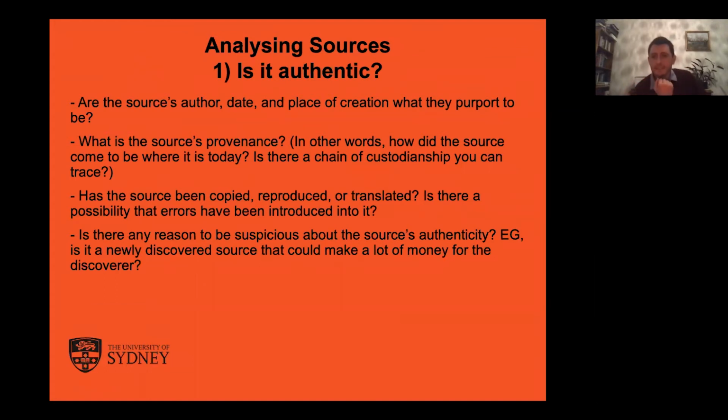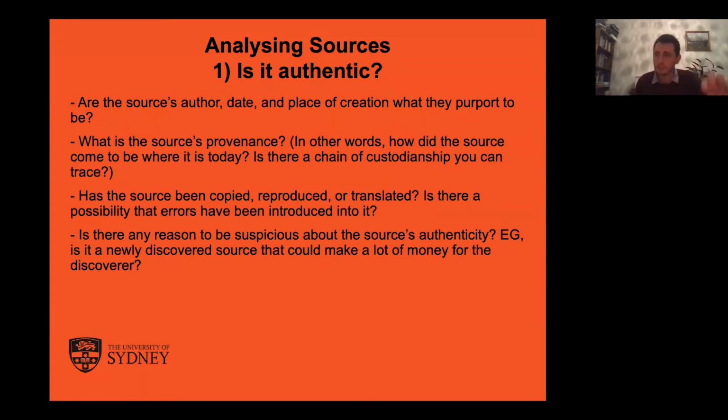In most cases, this is something you do really quickly because most sources you're going to encounter are authentic. But in some cases, something like provenance, how the source came to be where it is today, is a good way to knock out the useless sources. So the really famous example of that would be the Hitler diaries, which were forged in Germany in the late 1970s and then published by a German newspaper and around the world in the early 1980s.